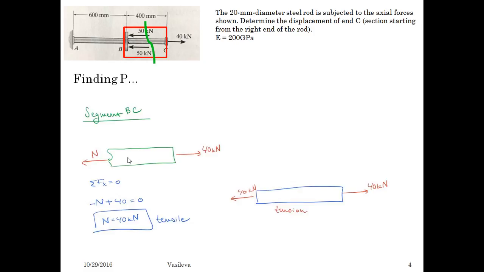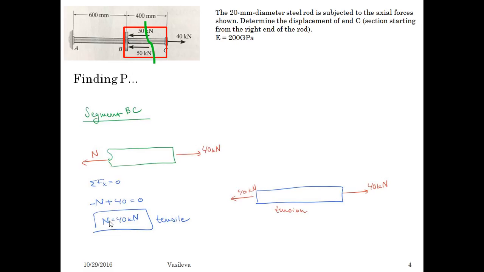Okay, then we're going to move on to segment BC. So we're going to find P by doing the exact same thing. We're going to cut in between segment BC, and then look at either everything to the left or to the right. And I chose to look to the right because there is only one force here. Sum of the force in the x direction, so negative n because it's pointing in the negative x direction, plus 40 equals 0.